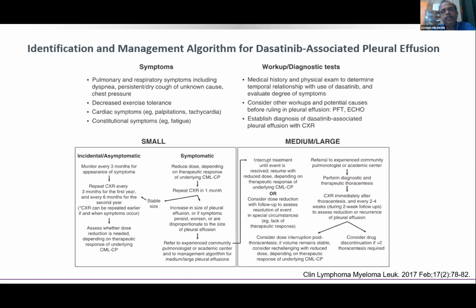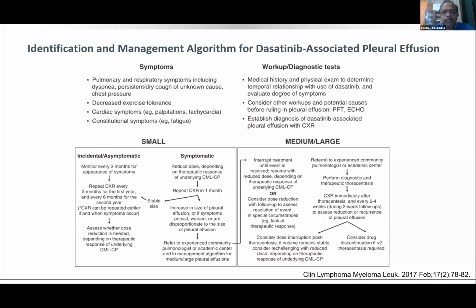Or if the patient presents with a medium pleural effusion, then you would interrupt treatment until this problem is resolved. Many doctors prefer to use a touch of steroids to accelerate recovery. You may resume then with a reduced dose depending upon the therapeutic response, right?